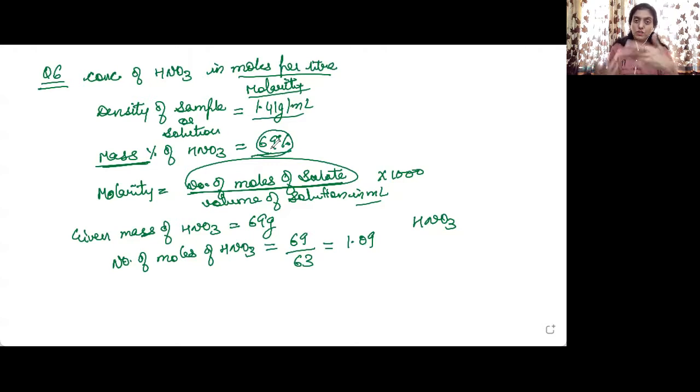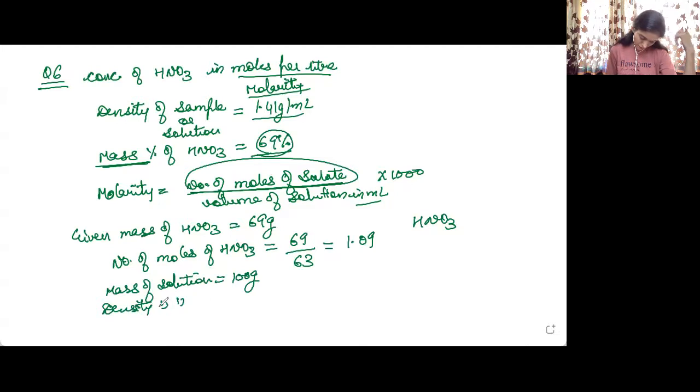So the mass of solution is 100 gram, and the density is 1.41 gram per ml. Can you calculate the volume of the solution from this? Density is equal to mass upon volume, so volume will be equal to mass upon density.